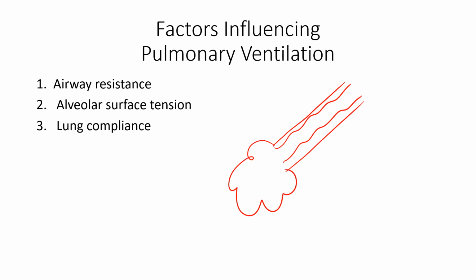We know those alveoli are kept from sticking to one another by an oily secretion. Do you remember the name of that secretion? That secretion is called surfactant. Okay, and of course, if you have anything that influences surfactant, that may influence whether or not your lungs can stay inflated. Last, we have lung compliance, and that deals with the stretchiness of your lung tissue.